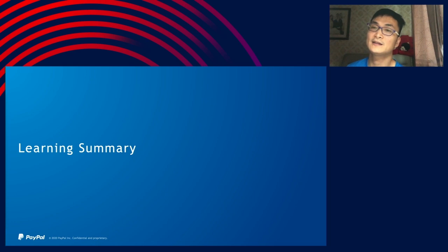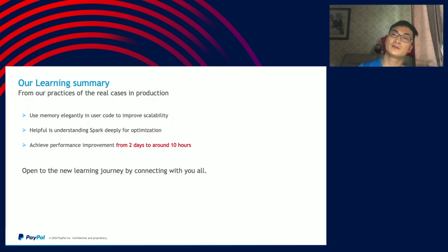Finally, here's a learning summary. From our practice of the real case in production, in conclusion, we want to share 2 points here. First one is to use memory elegantly.